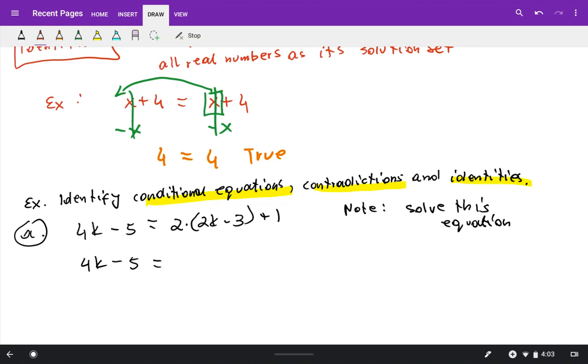However, on the right side, you need to remove the parentheses using the distribution property. You multiply 2 times 2k, which gives you 4k, and 2 times negative 3, which gives you negative 6. And I copy the rest, which is plus 1. Don't forget that you also have that plus 1.